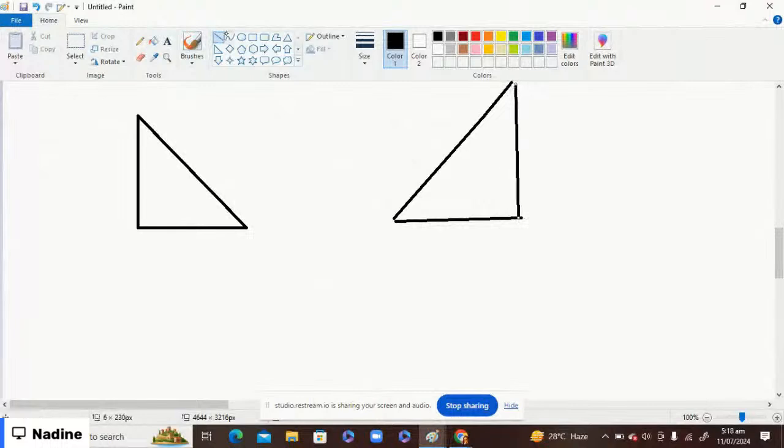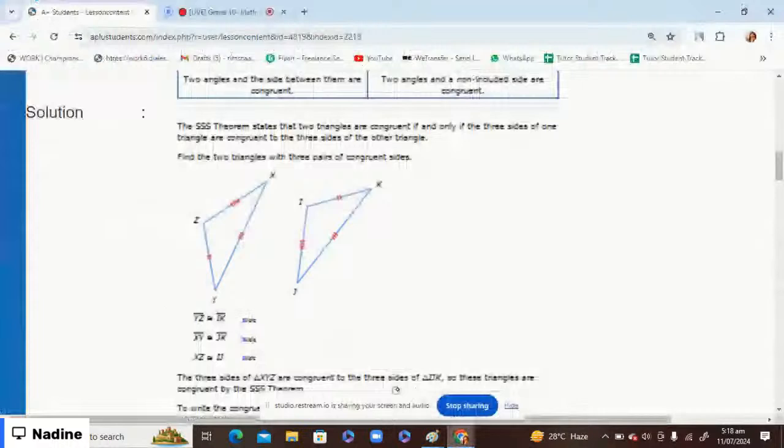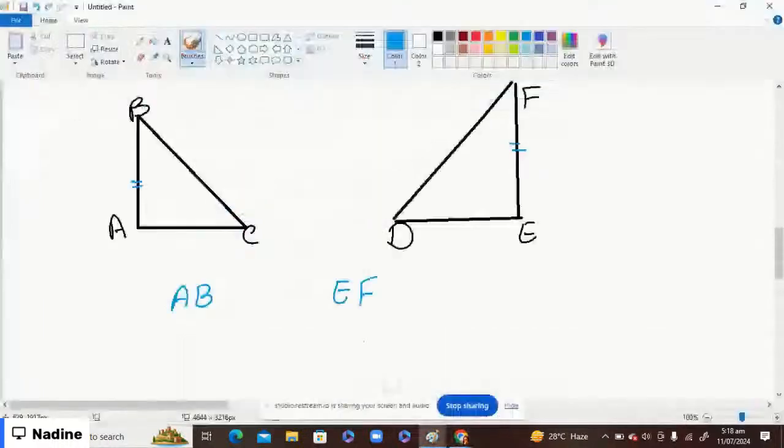So they are just going to compare. For example, here is A, B, and C. If the other triangle is D, E, and F, first of all you compare AB with EF, so these two become equal. Why are we putting this line? It shows that line AB equals EF.